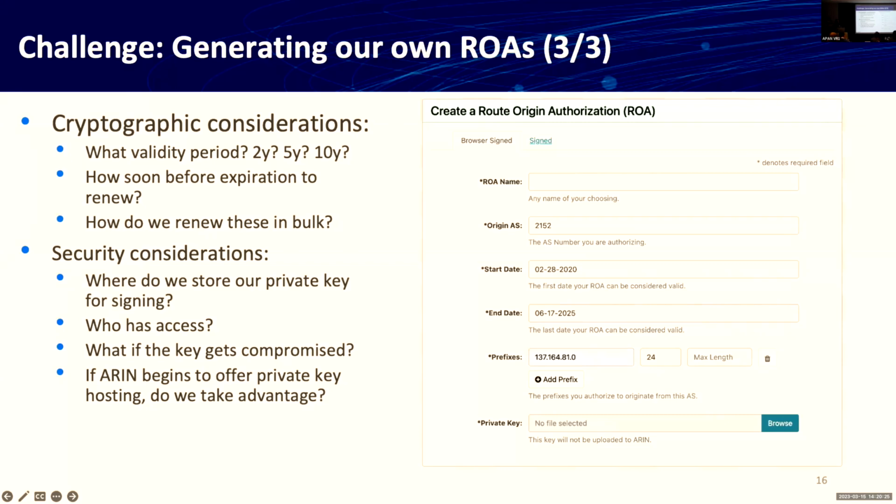That could potentially change. I think there are some proposals to start offering that, but then we give up some of the security because our private key would end up being hosted by ARIN instead of kept in our custody. For now, we're still trying to consider how we keep our private key secure, who has access to it, and what to do if it's compromised.